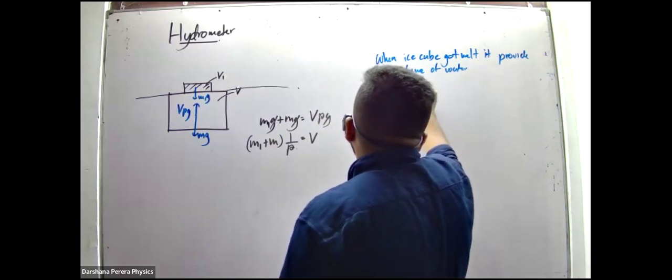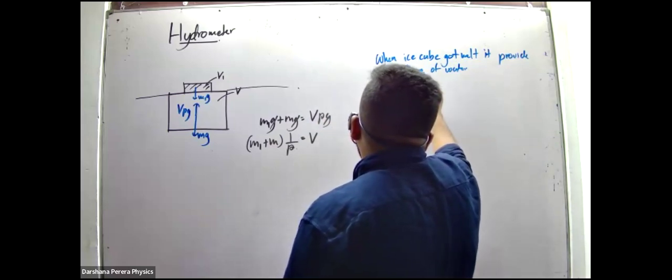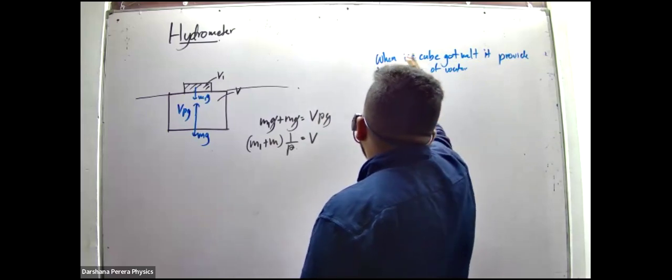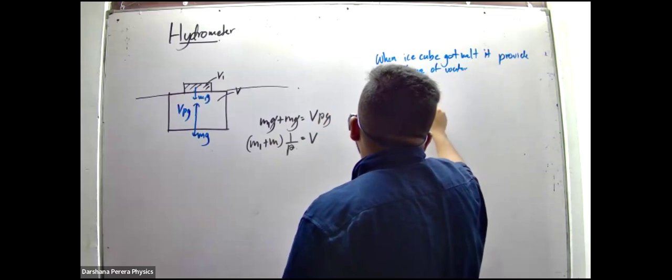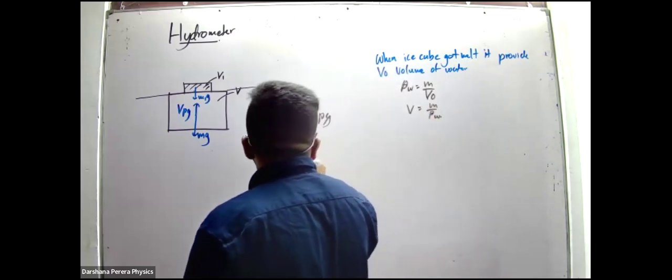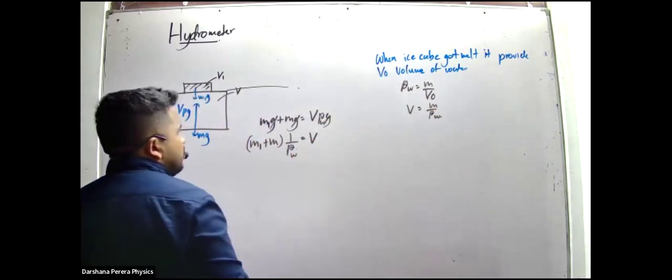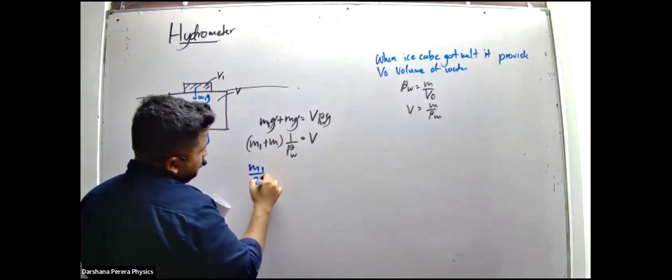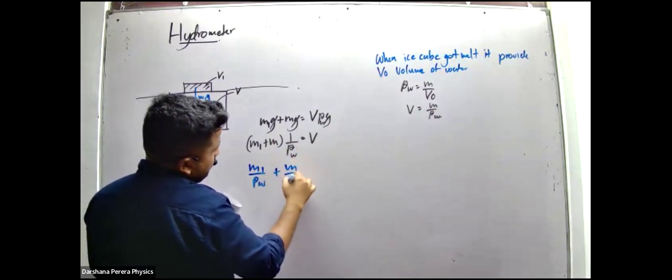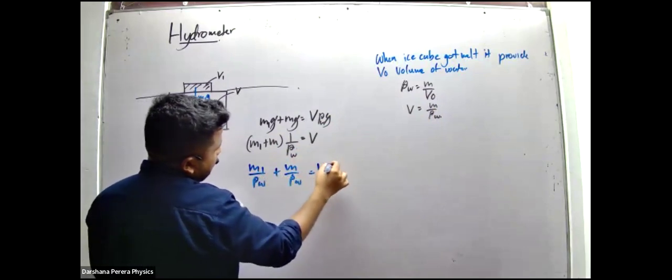So rho water equals m over V naught. V naught equals m over rho W. It's rho W, no? So in this case, m1 over rho W plus m over rho W equals V.